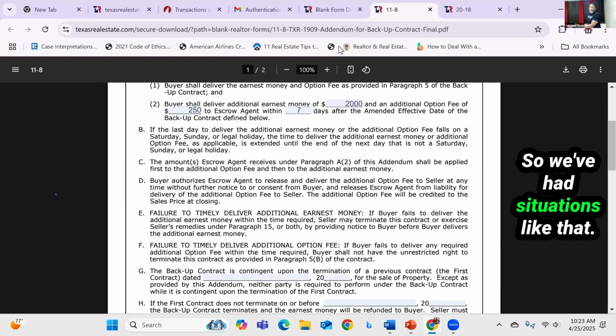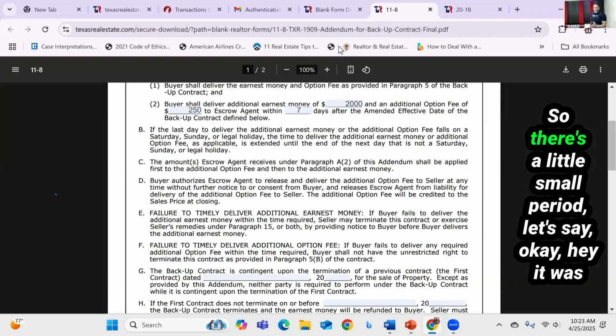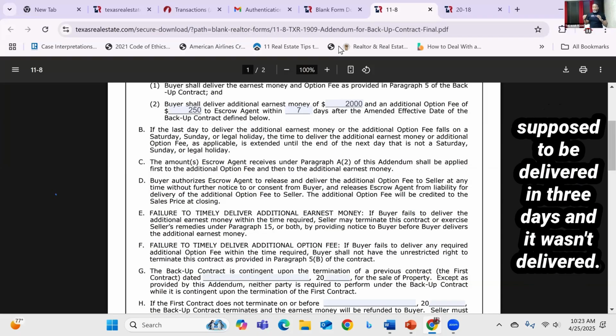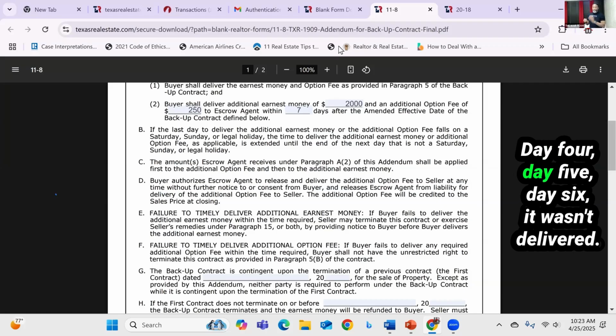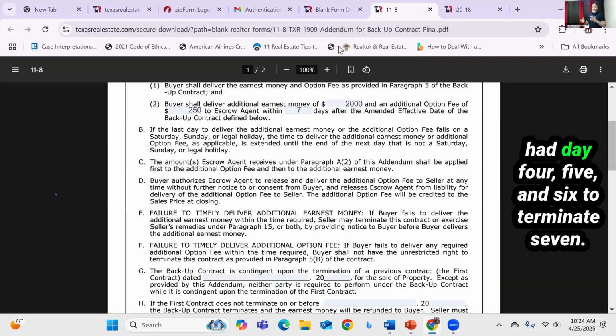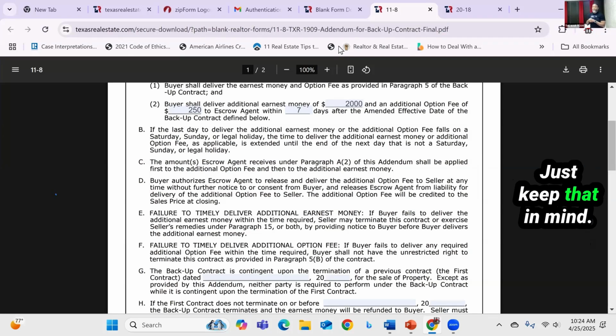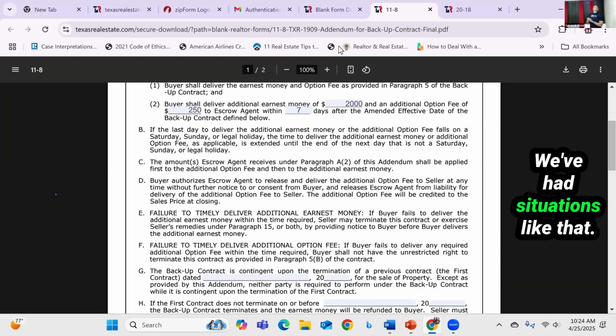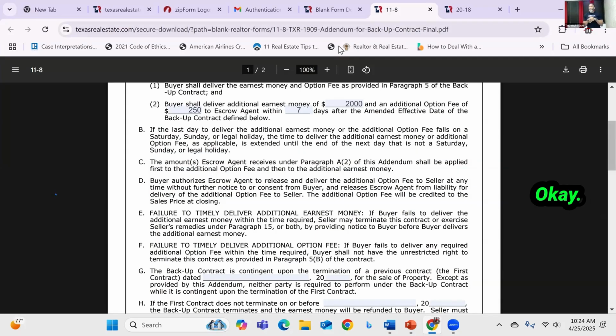So there's a little small period. Let's say it was supposed to be delivered in 3 days and it wasn't delivered. Day 4, day 5, day 6, it wasn't delivered. And then on day 7, it was. Your seller had days 4, 5, and 6 to terminate. On day 7, they're back into it. So just keep that in mind. We've had situations like that. It does come up.